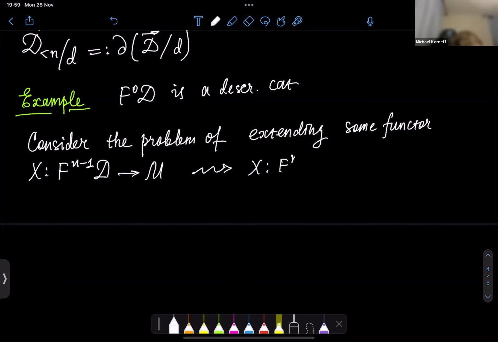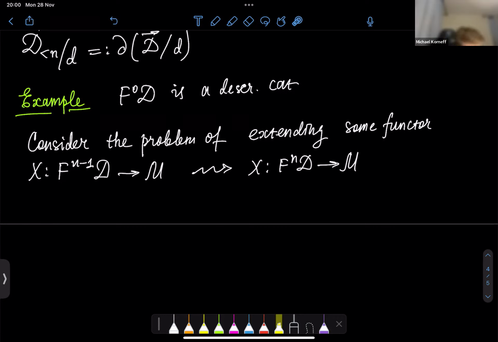Suppose that we want to extend this functor from the category consisting of objects of degree n-1 to the subcategory for which each object has a degree n.